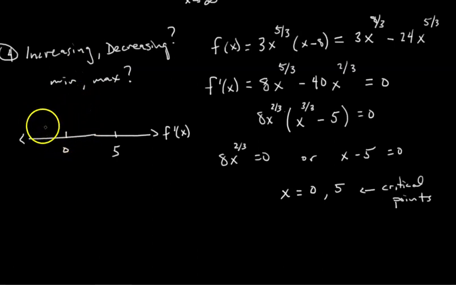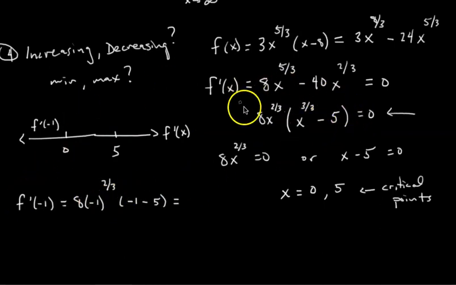So for values less than 0, let's plug into f prime. Let's plug in -1 and see if that gets us a positive number or a negative number. The one I'm going to use is this version of f prime of x, just because it'll be easier to plug in the numbers. So I took this f prime of x, I rewrote it down here, and I plugged in -1 wherever there was an x.